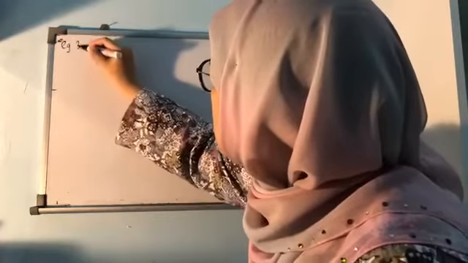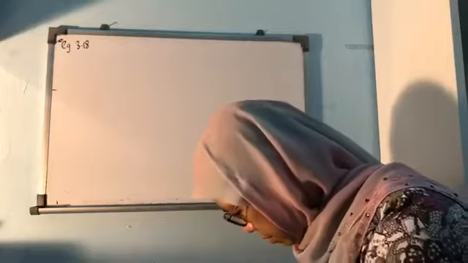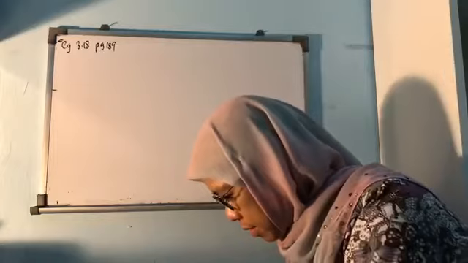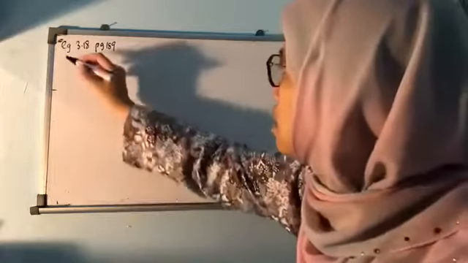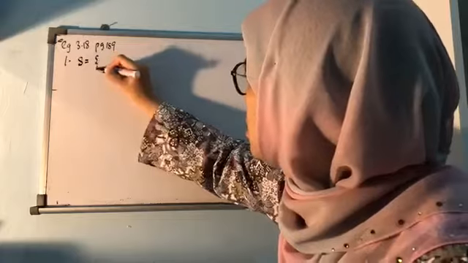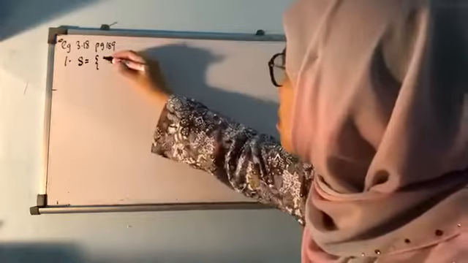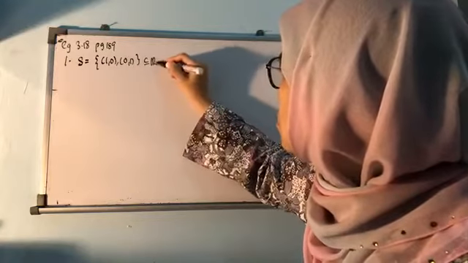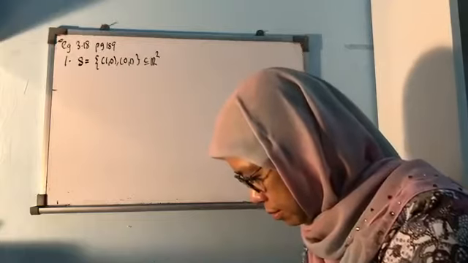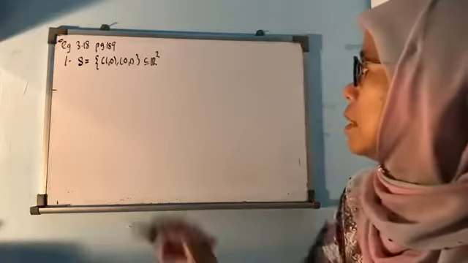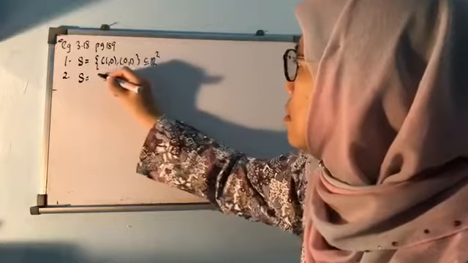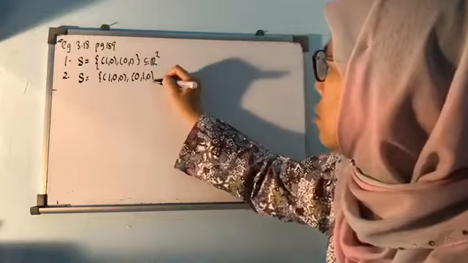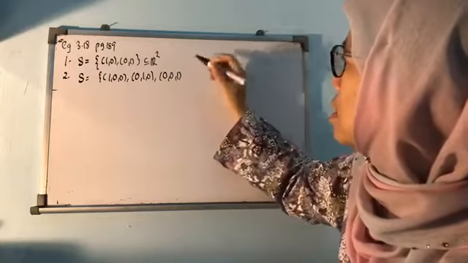Example 3.18, page 189. These are all bases. Number 1, S is (1, 0), (0, 1) in R2. The second one, (1, 0, 0), (0, 1, 0), (0, 0, 1).